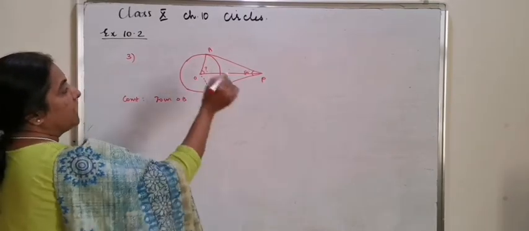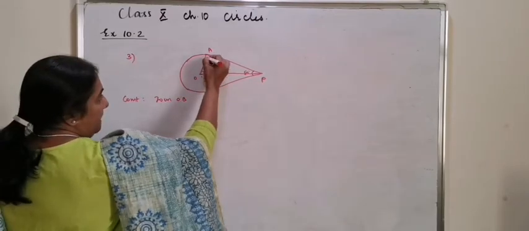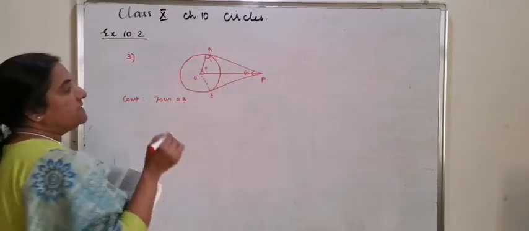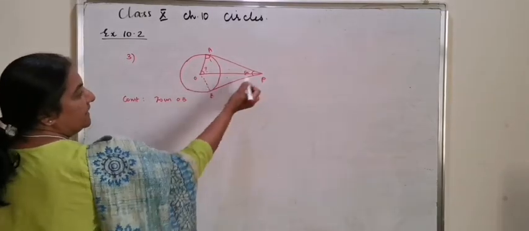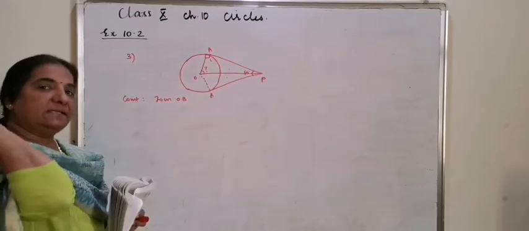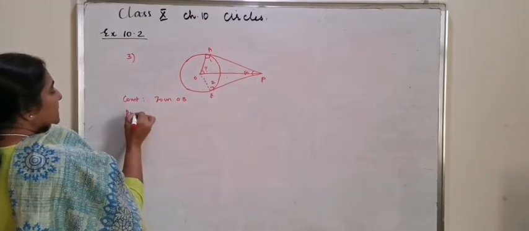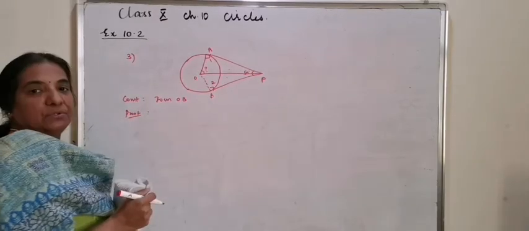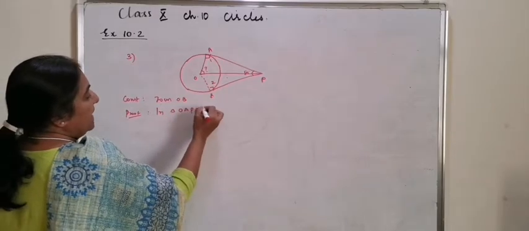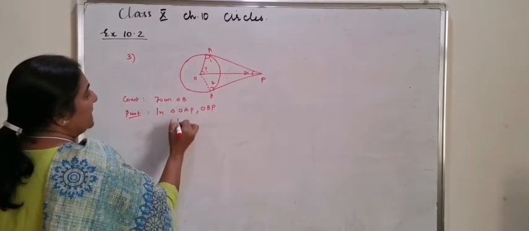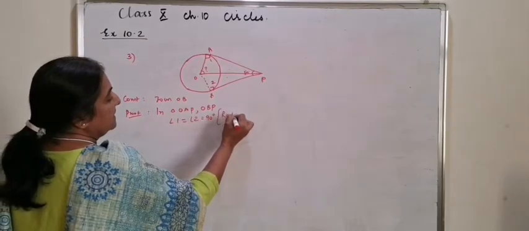How to prove triangle OAP congruent to triangle OBP: OA is the radius, PA is a tangent at A. Similarly, OB is the radius and PB is the tangent at B. Therefore, angle 1 is equal to angle 2 is equal to 90 degrees. So, in triangles OAP and OBP, angle 1 is equal to angle 2 is equal to 90 degrees.